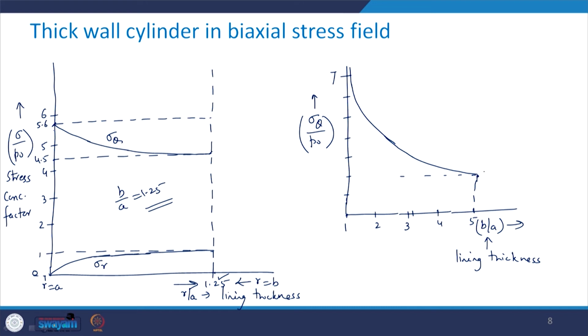So, this is what is the variation of this stress concentration factor with respect to b by a. If somebody asks you how the variation of radial and the tangential stresses will be in case of the thick wall cylinder in biaxial stress field, this is how they will look like.